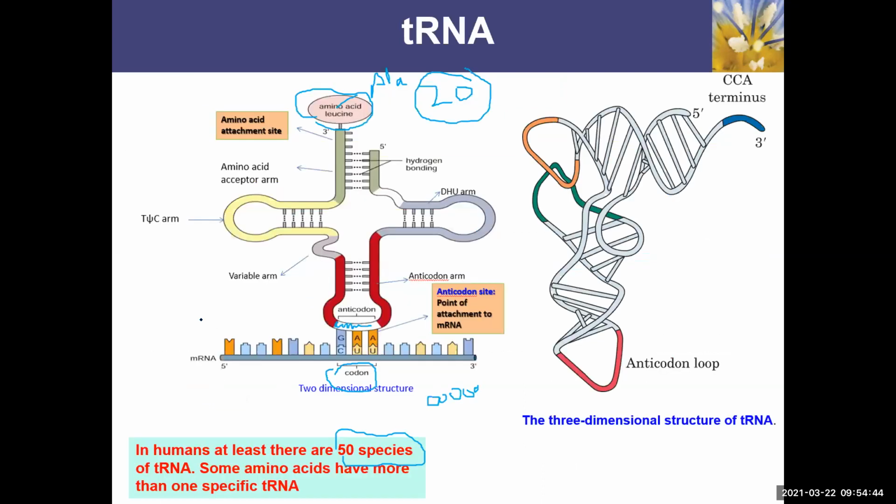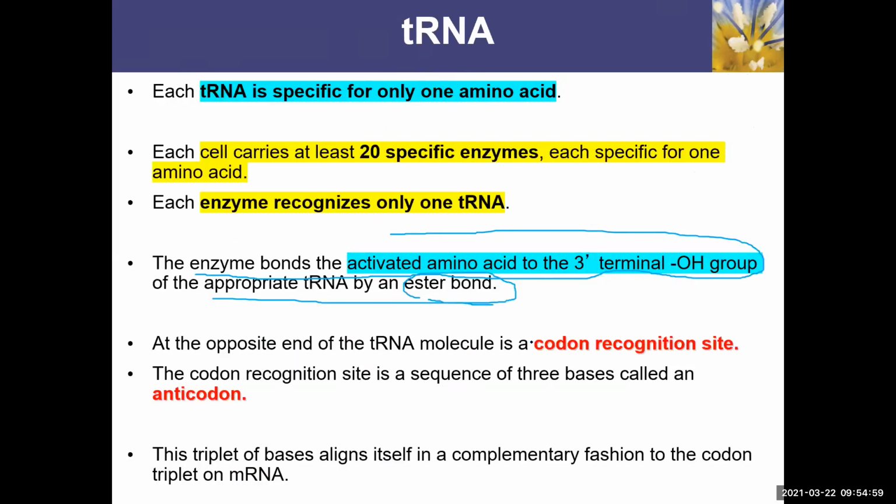This is the 3' terminal because it provides the free OH group in the pentose sugar. Leucine or any amino acid will bind to this, and the bond here is the ester bond.